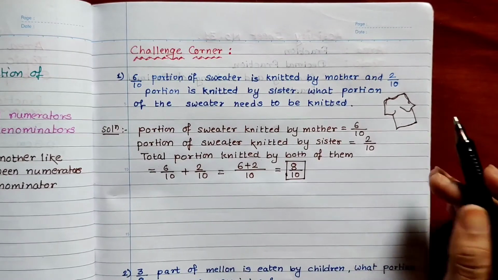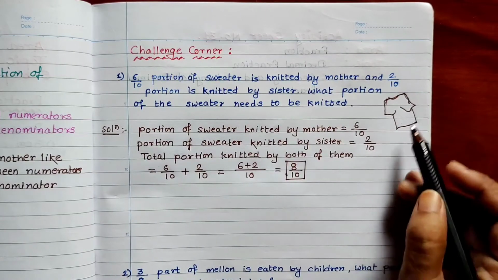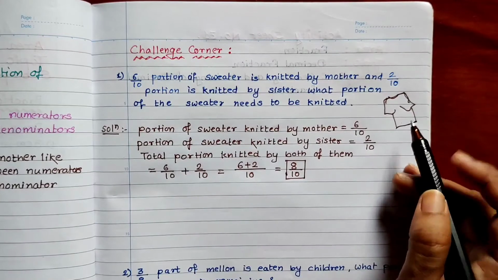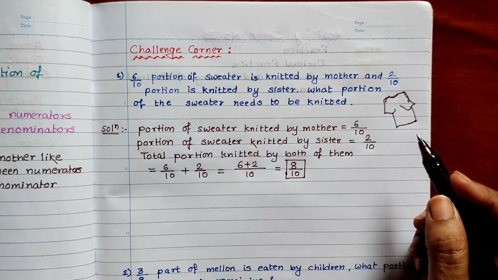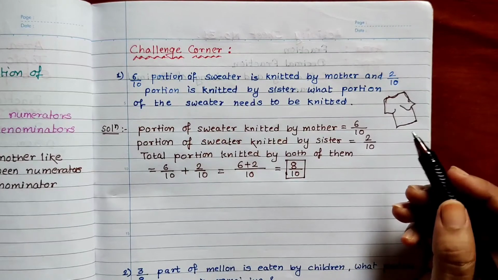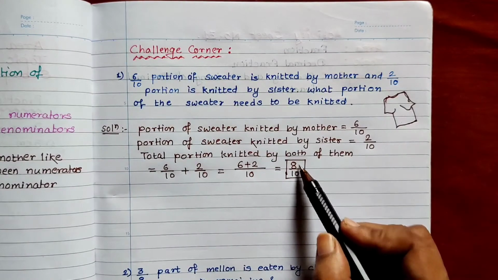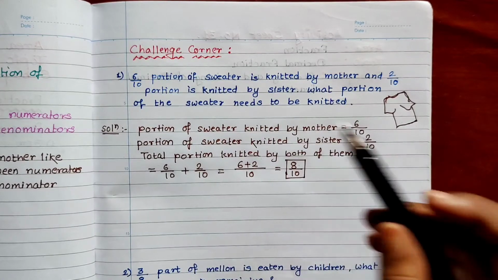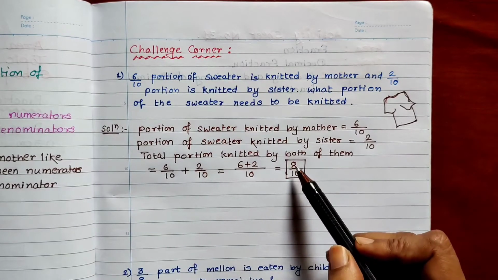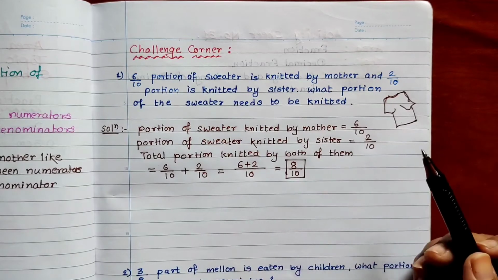So how much is remaining? How to find out? This full sweater is one sweater. So one sweater means what? How to write it in the fraction? Out of 10, 8 portions they both have knitted. And full one sweater means what? 10 out of 10, full 10 parts, correct?